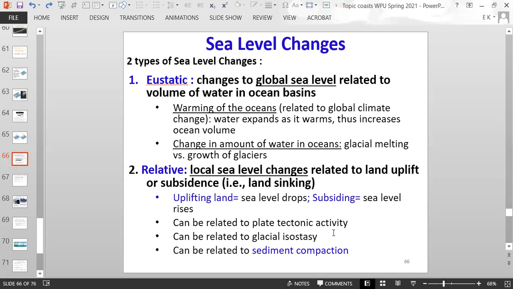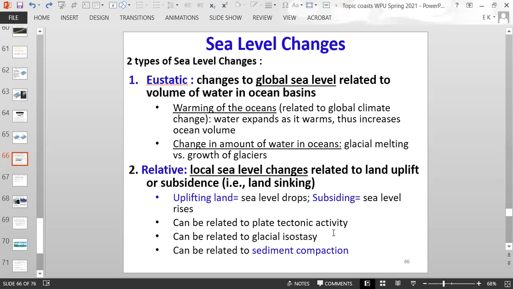Glacial isostasy, by the way, is referring to when you have glaciers, like the continental ice sheets from the ice ages. Think of like a mile thick block of ice pushing down on the land. So when the glacier melts, the land is able to rise up again. The isostatic rebound of land after the pressure of the glacial ice leaves. The land that was pushed down under the weight of the ice is going to rebound.